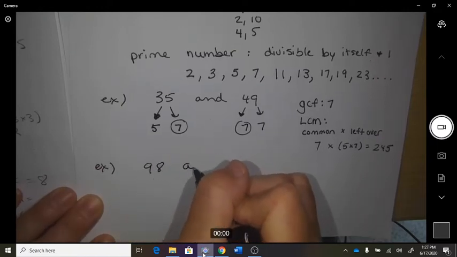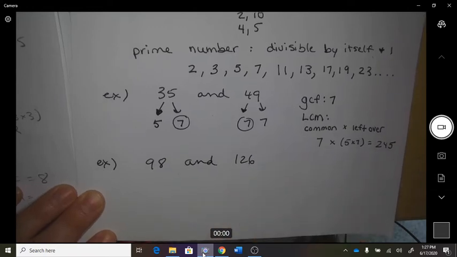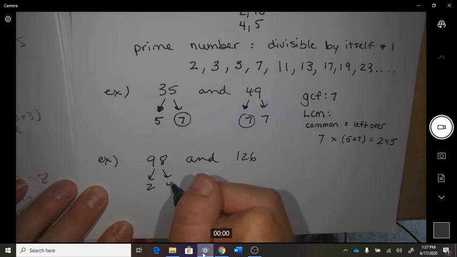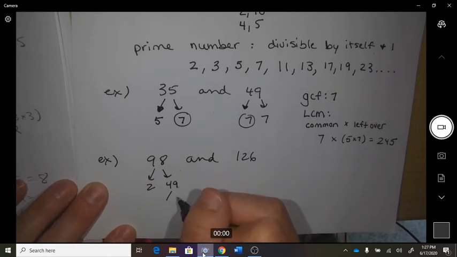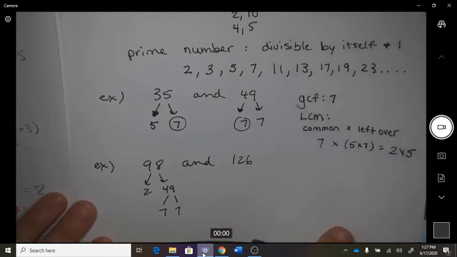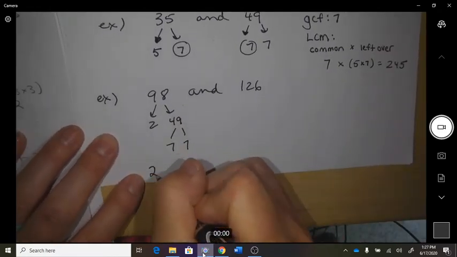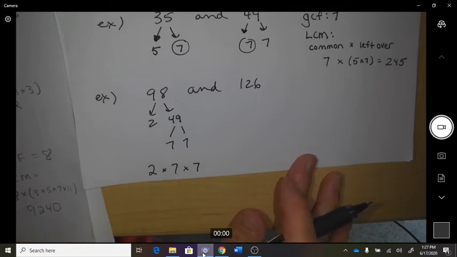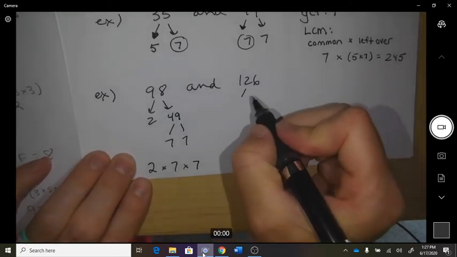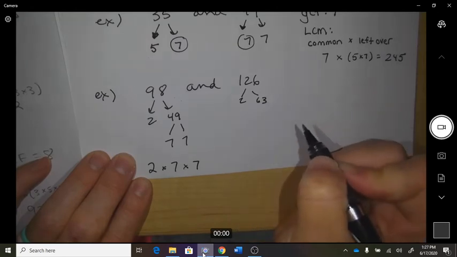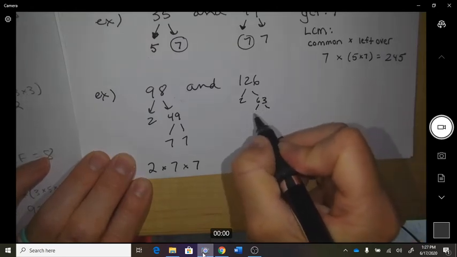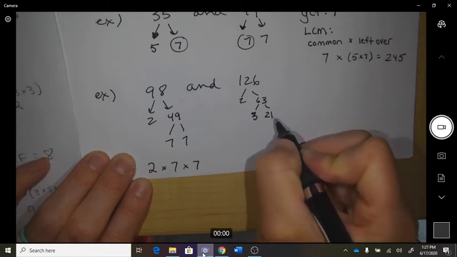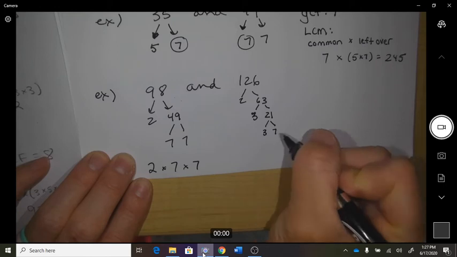Okay, 98 and 126. Here's another example. So breaking it down, 2 times 49, and then 49 could break down into 7 times 7. So altogether, this is 2 times 7 times 7. Okay? And then 126, 2 times 63 gets me there. 63 could be 3 times 21. 21 could be 3 times 7.